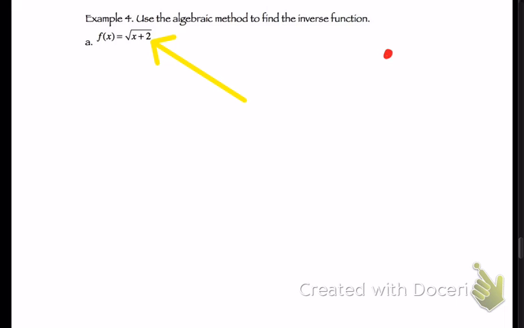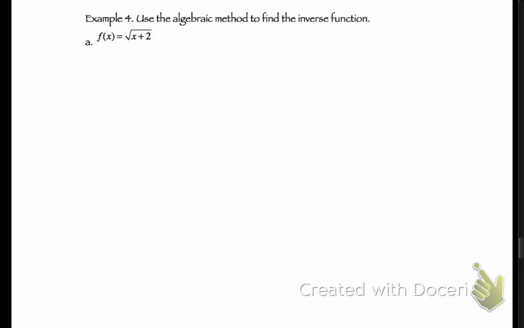That thing looks something like this. I know that plus 2 on the inside simply means it's a horizontal shift left 2. So this is going to shift to the left 2, but it's still going to look like that. So it is one-to-one. It passes both the vertical and the horizontal line test, so I'm in business.